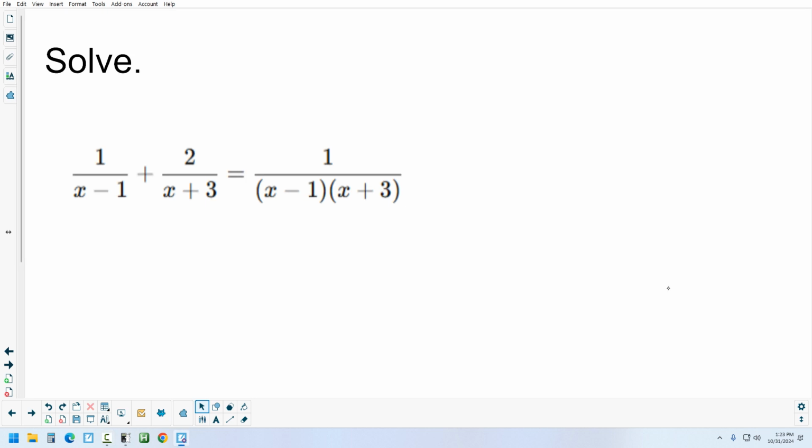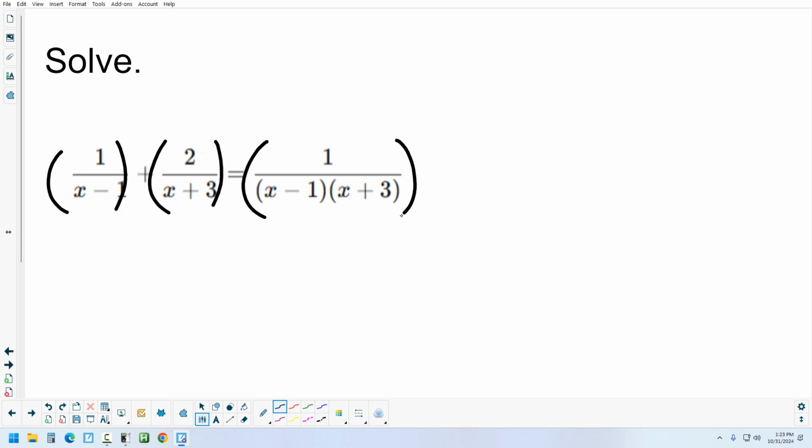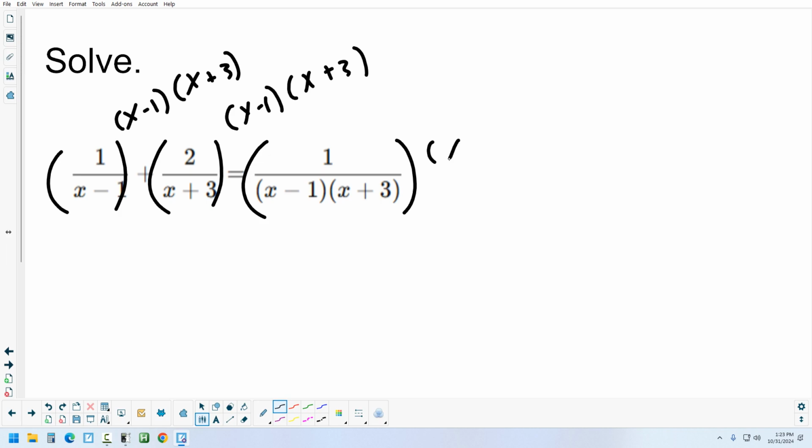Okay. So again, this one is a problem with 3 fractions. What did we multiply each fraction by? x minus 1, x plus 3. Okay, so we're going to do that in all 3 spots. What will cancel in the first one when we do that? x minus 1.